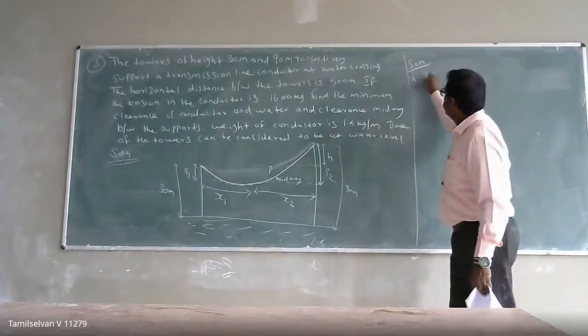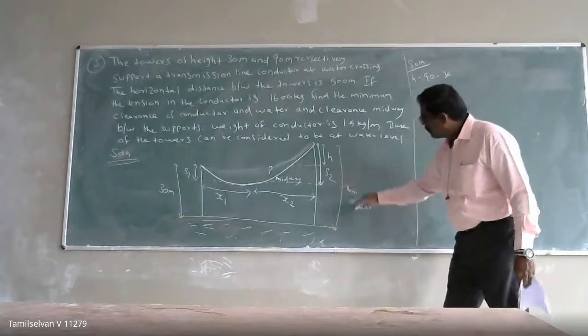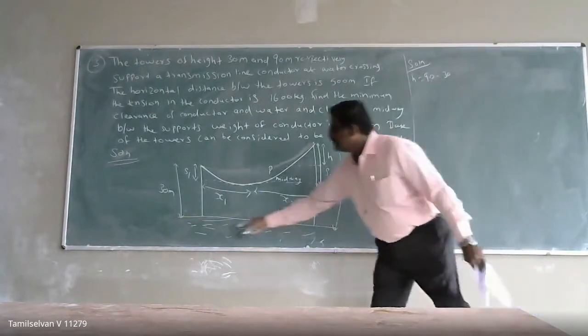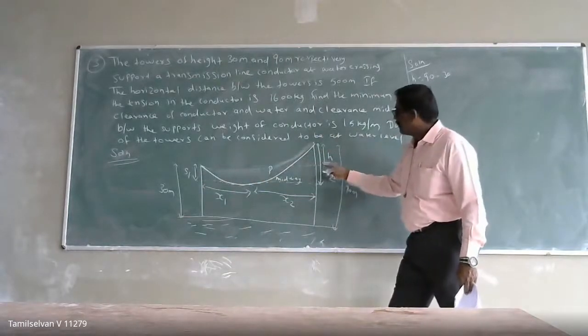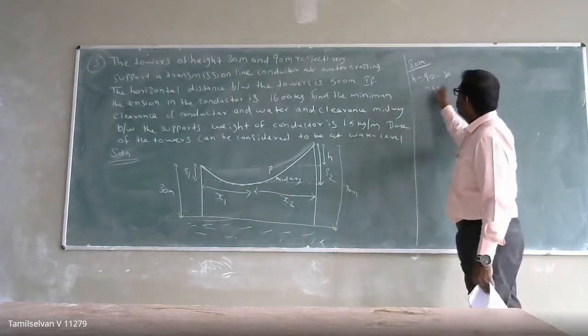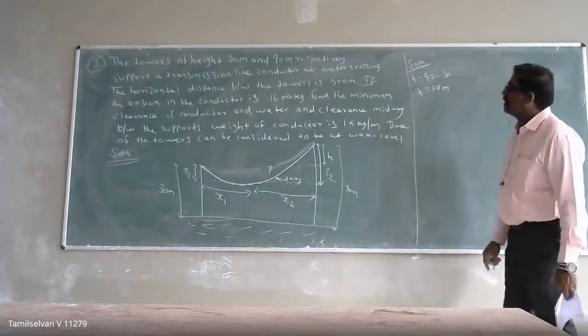It means h is 90 minus 30, that is 60 meter. So that is my h value.